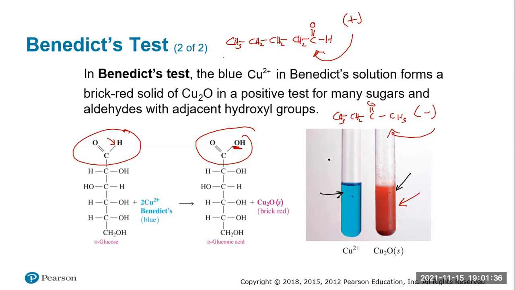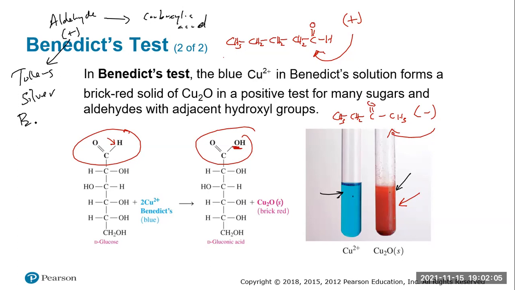So the Benedict's test and the Tollens test are two tests that you could use to identify the presence of a carboxylic acid, which means in both cases, you started with an aldehyde that took you to a carboxylic acid. In the case of the Tollens test, it would become silver in color.